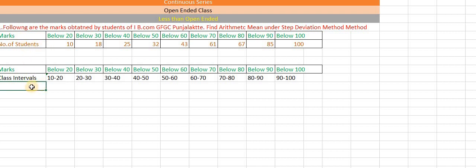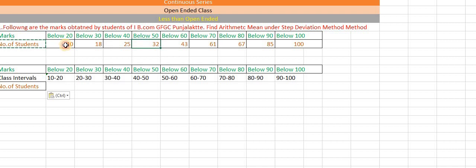After that, we need to adjust certain aspects in terms of frequency, or number of students. You can observe below 20 is 10 students, below 30 is 18 students. It indicates that these 18 students also include these 10 students. 25 students includes 10 plus 18 plus 7 numbers.